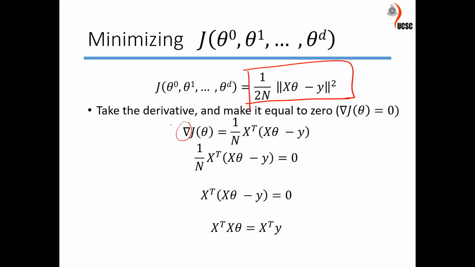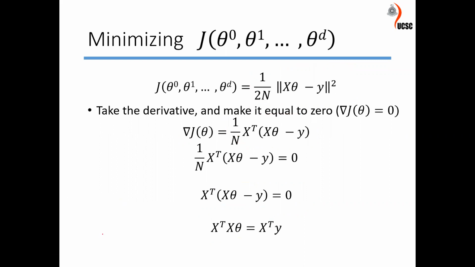You can basically differentiate this cost function, right? So delta means the derivative. So delta J(theta). If we differentiate this, that will give something like this. n is a scalar, so we can remove that. Then we end up at something like this. If you multiply this, x transpose x theta and x transpose y, then we can simply move this x transpose y to the other side of the equation.